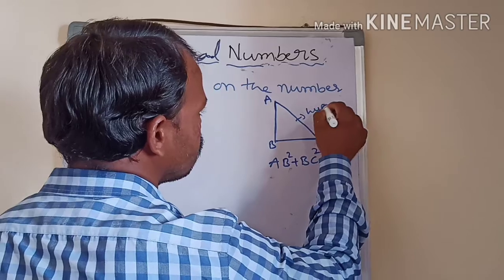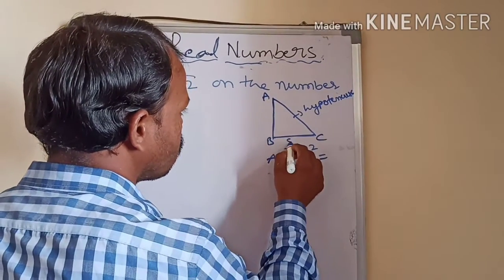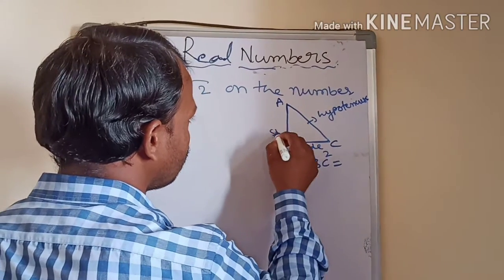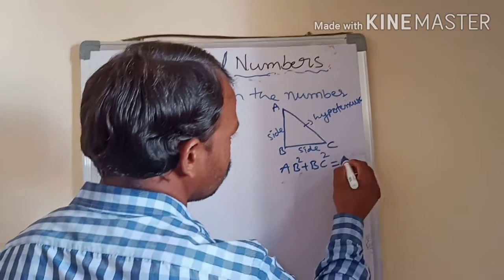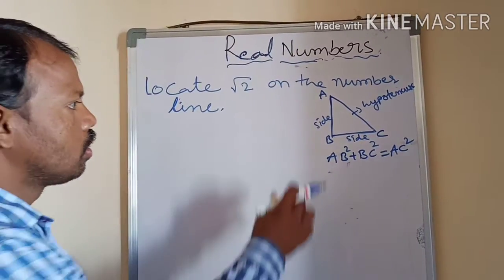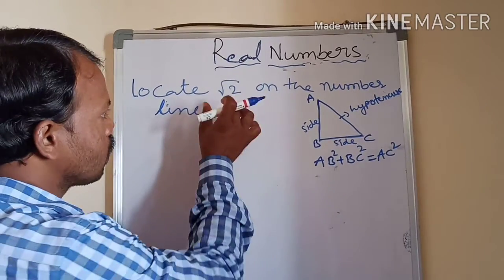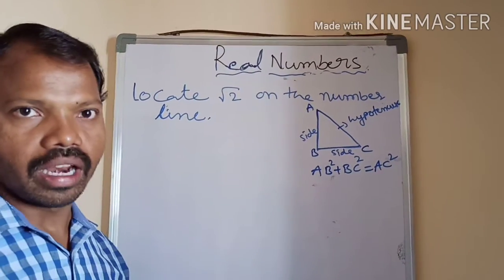This is the hypotenuse, this is side 1 and this is side 2. So AC square. This is called the Pythagoras theorem. By using this theorem, we can represent irrational numbers on the number line.